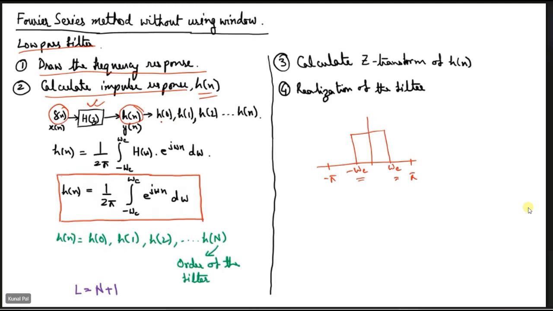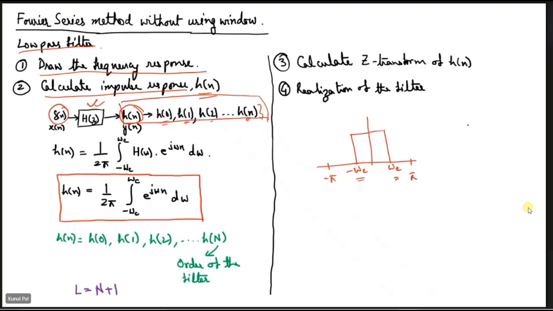So you have h0, h1, h2 up to hn. We have discussed that for FIR filters, the number of responses will be finite. Now, once you've got this, the question is, how do we calculate this?